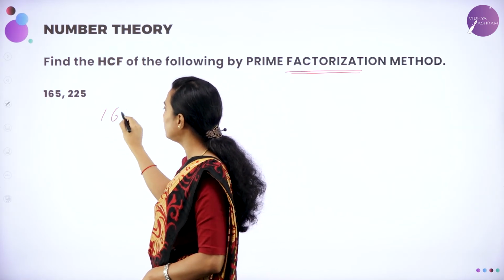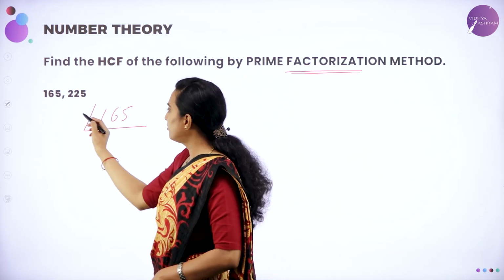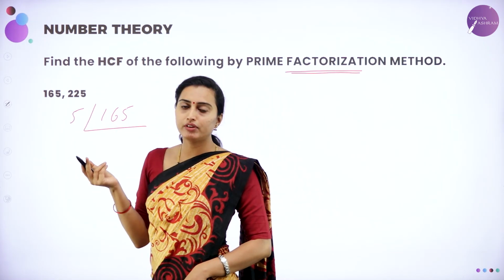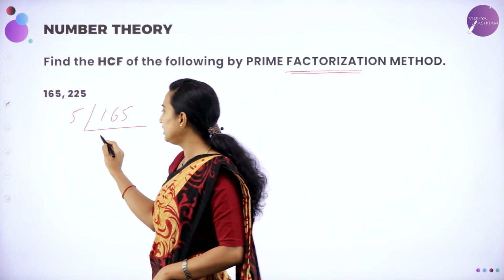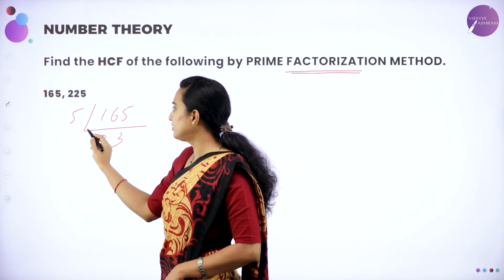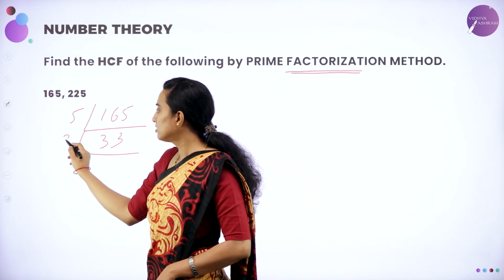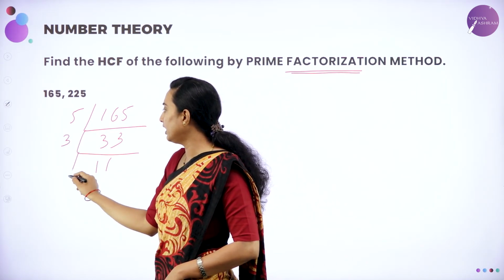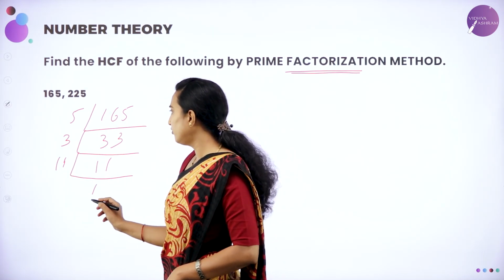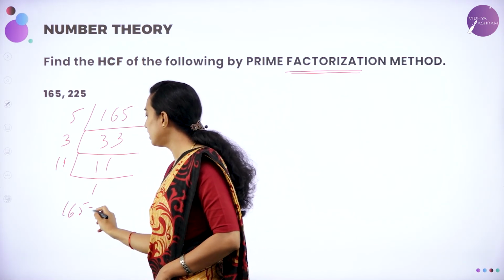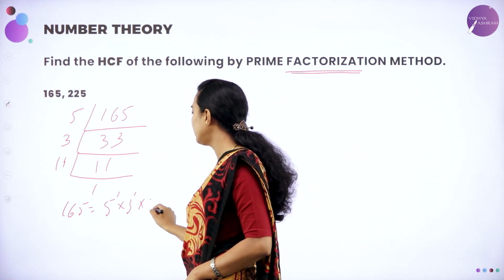Let me find out. 165 can be divisible by 5, correct? 1 cannot be divisible by 5, so we take the carry over, which is 16. 5 threes are 15, 1 is remaining. 15 is divisible by 3, correct? 3 fives are 15. 3 ones are 3, 11 is divisible only by 11. 11 ones are 11. So 165 can be written as 5 power 1 into 3 power 1 into 11 power 1.